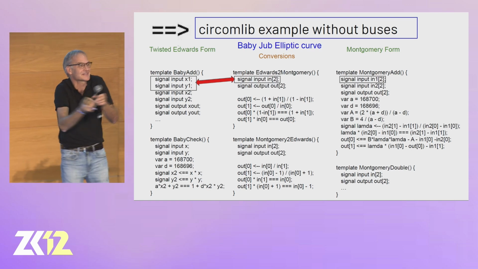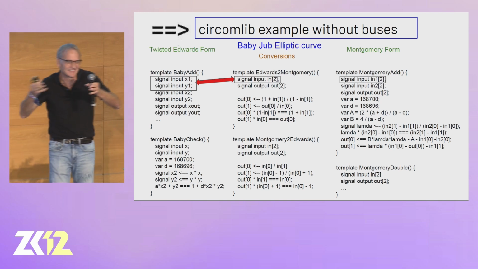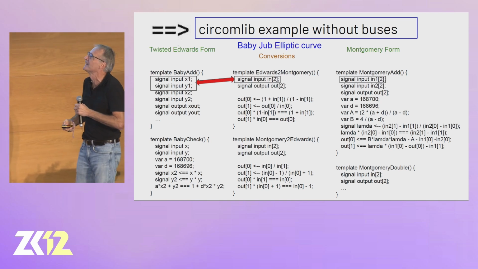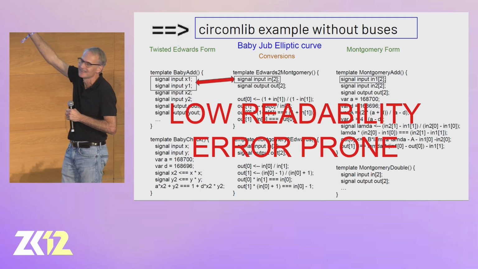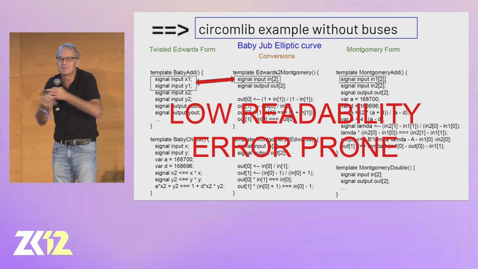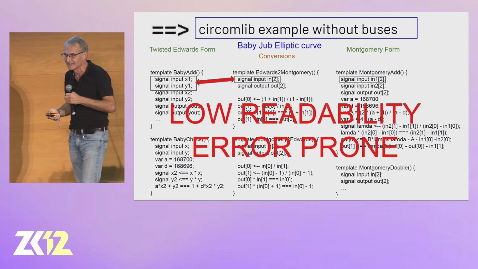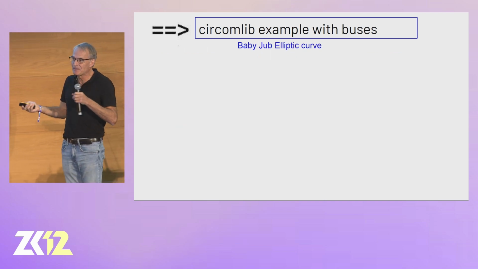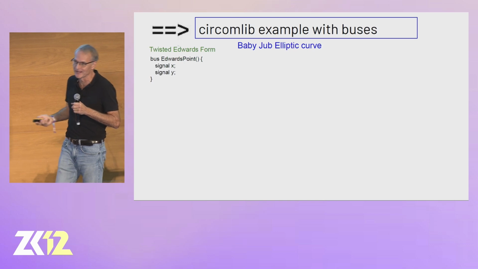It's all the same because I have 2 signals, but it's not helping to read, and also it's clearly error prone because you can mix things that you don't want to mix. So let's do it with buses, which is far more natural.